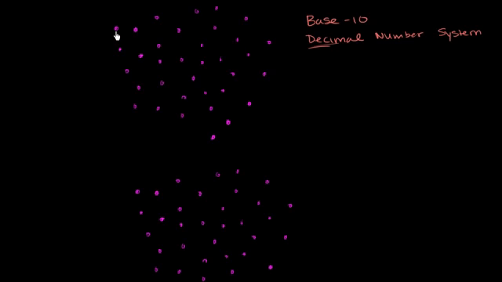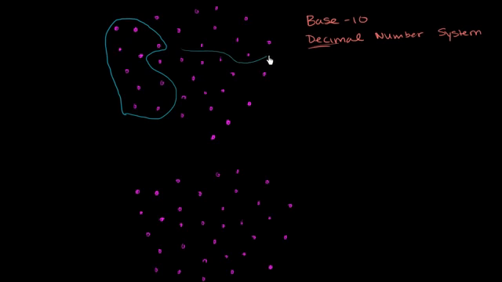So let's see, this is 1, 2, 3, 4, 5, 6, 7, 8, 9, 10. Let me separate these off. Let me make sure I counted that right. 1, 2, 3, 4, 5, 6, 7, 8, 9, 10. Let me find another group of 10. 1, 2, 3, 4, 5, 6, 7, 8, 9, 10.